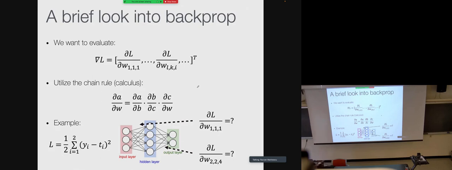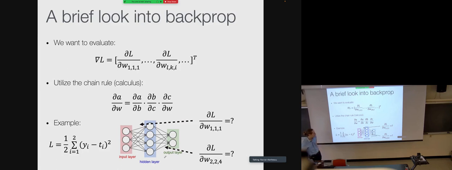So let's look at the graph. Here, for example, this is W224. So it means that we have layer 1, the input layer, and this is layer 2, which is the hidden layer. We're looking at W224.